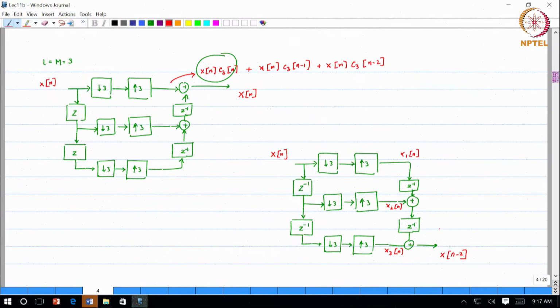So, the output is x3 of n plus x2 of n minus 1 plus x1 of n minus 2. Okay. So, you can write down the expressions and make sure that you are comfortable with this result.